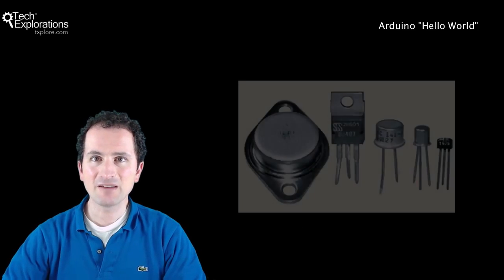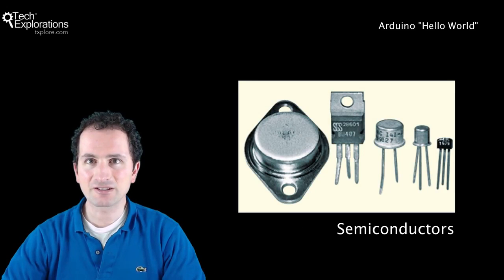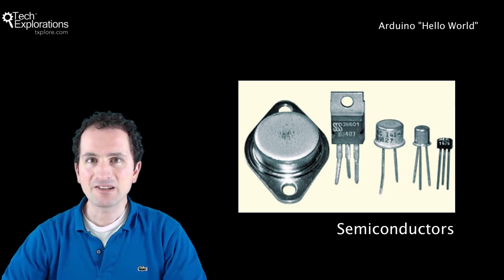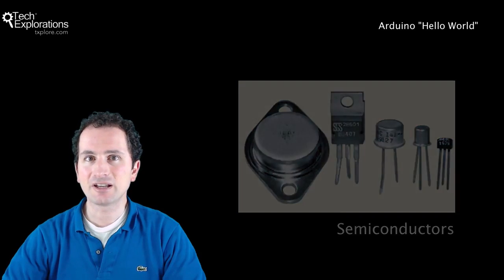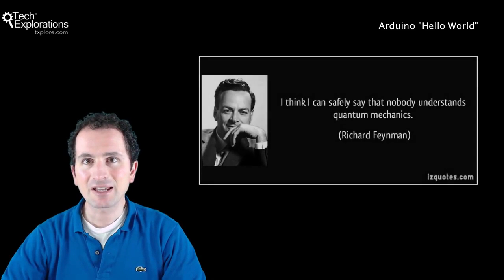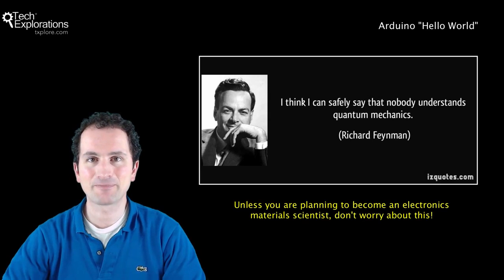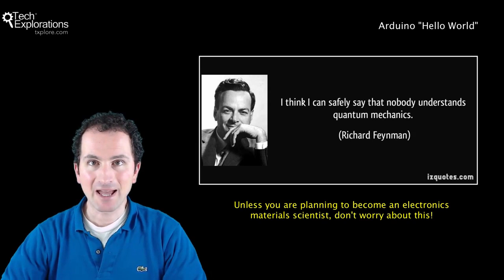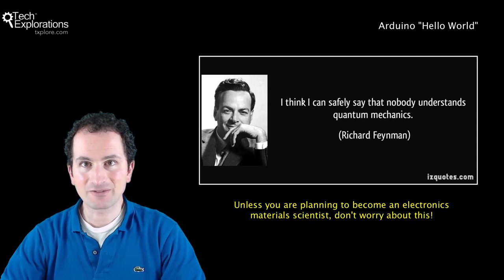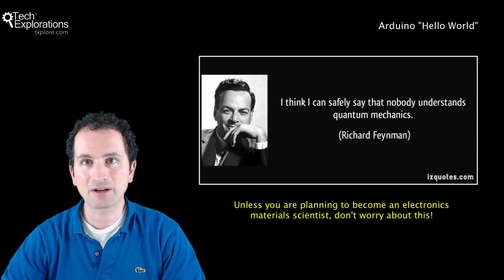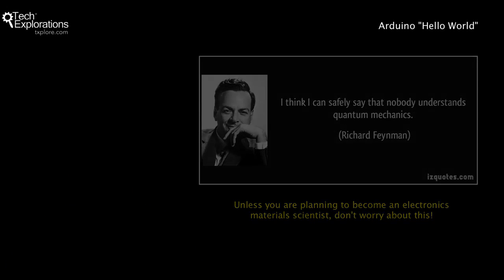A semiconductor is in between conductors and insulators when it comes to conducting electricity. The amazing thing about semiconductors is that their conductivity can be controlled with a bit of deep knowledge of quantum mechanics. Now, quantum mechanics is an exciting topic in physics, which unfortunately I'm not really qualified to talk about, but I still encourage you to look at it on your own.